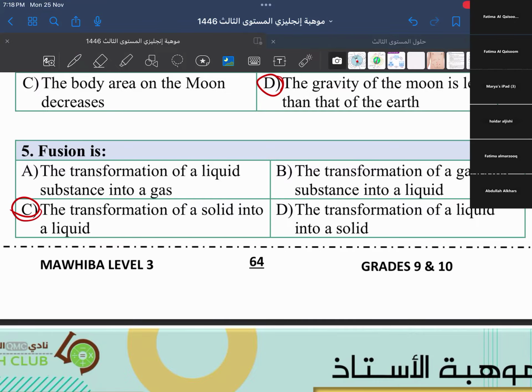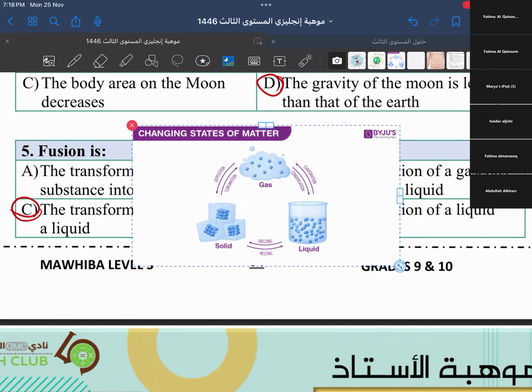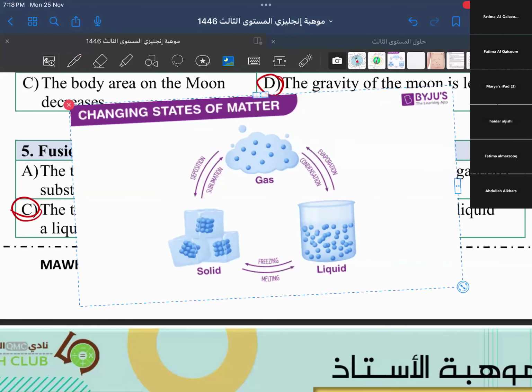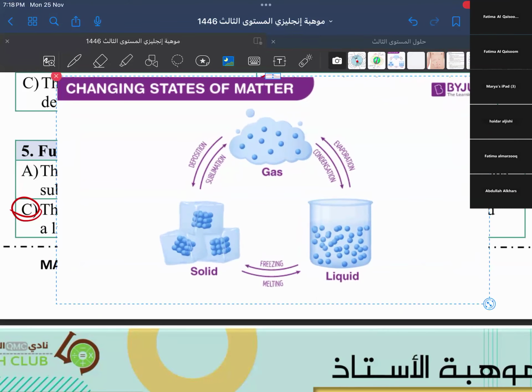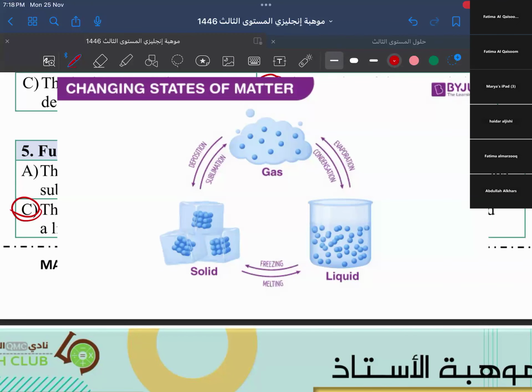Okay, so basically here we have the types of processes in the changing of states of matter. We saw here the fusion or melting from solid to liquid, and the opposite, freezing from liquid to solid. We have from liquid to gas, evaporation, and from gas to liquid, condensation.